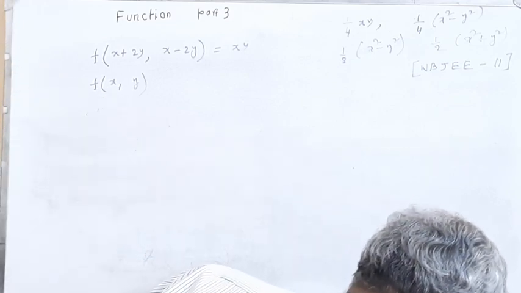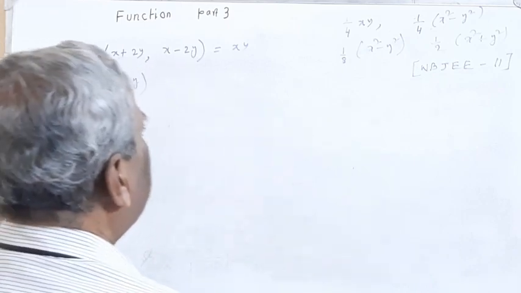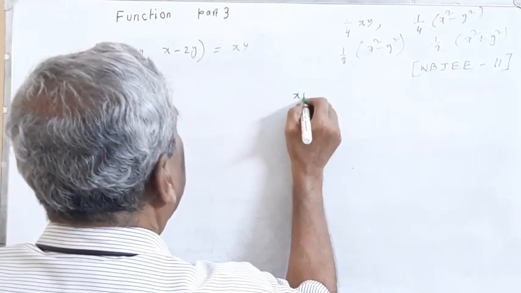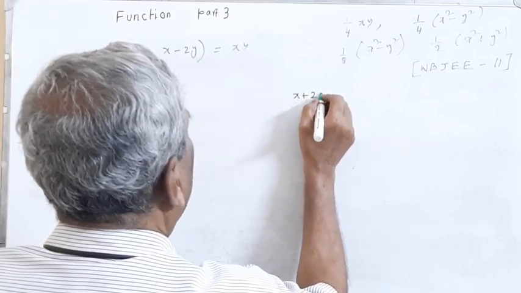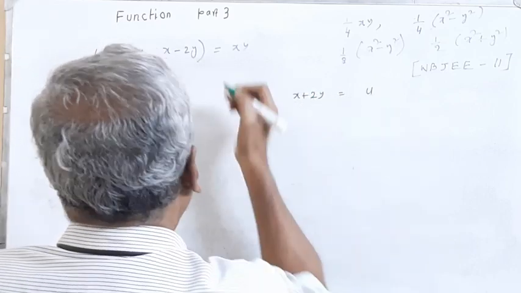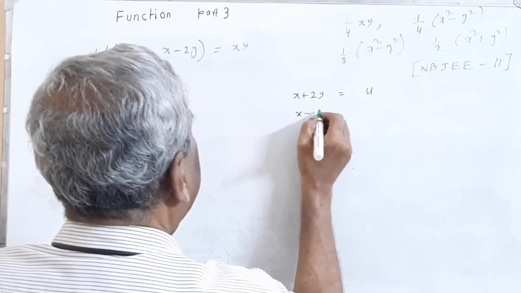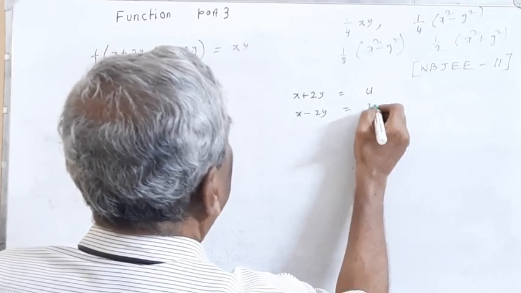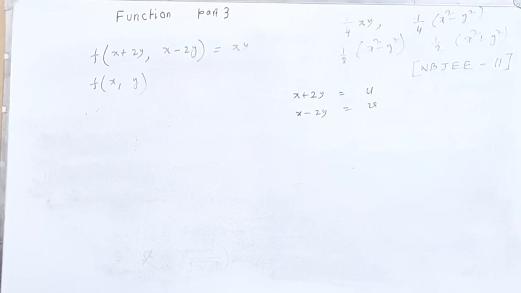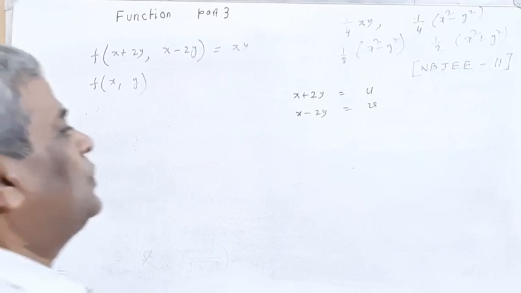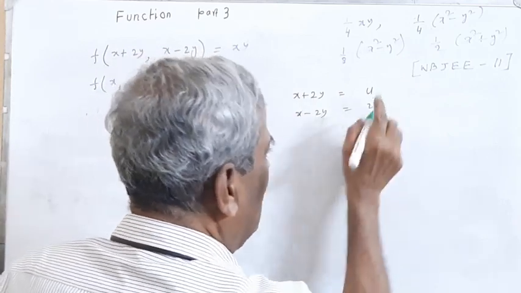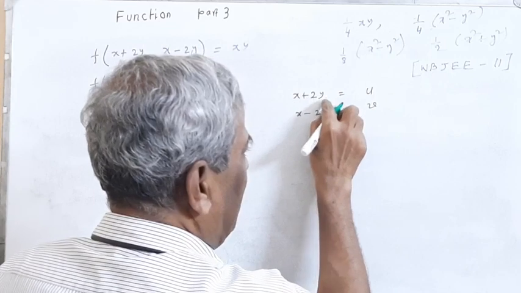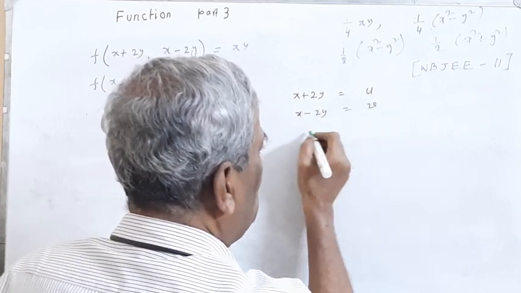For that purpose, let us take this one. x plus 2y is equal to u, and x minus 2y is equal to v. Now solve for x and y in terms of u and v. Adding them, 2y cancels, 2x is equal to u plus v.